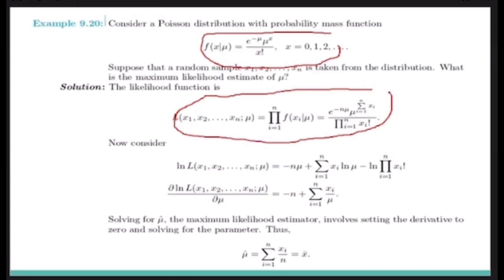You know why? Because this is what you are having. What is going to happen by the law of exponents? You're going to write just one and add up the exponents, right? That was why that was mu to the summation of x. But when you take a look at x factorial in n terms, it's just going to be the product of x factorial.